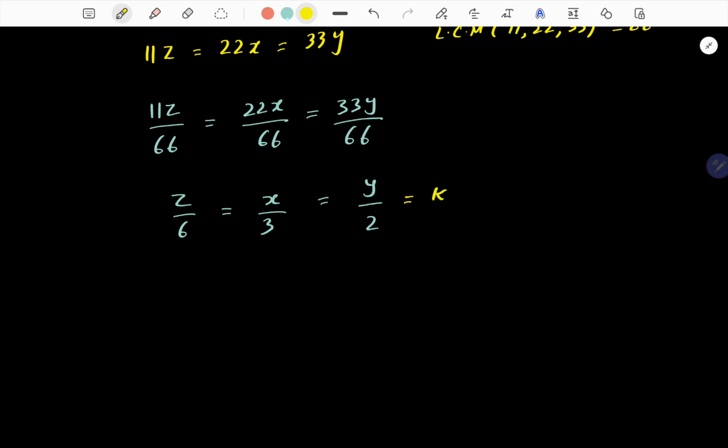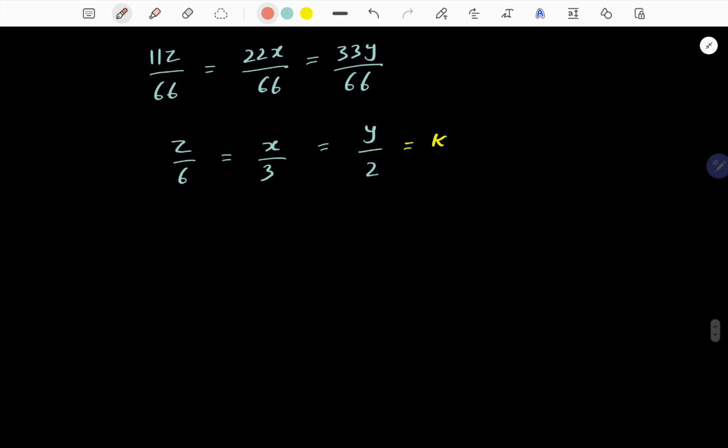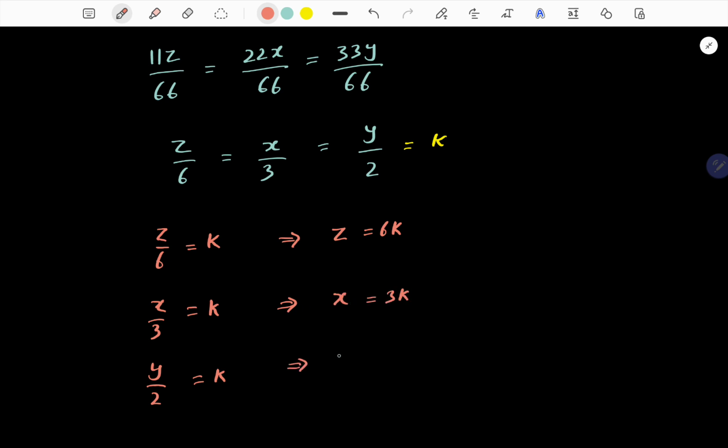So z by 6 is equal to k, x by 3 is equal to k, and y by 2 is equal to k, which gives us z is equal to 6k, x is equal to 3k, and y is equal to 2k.